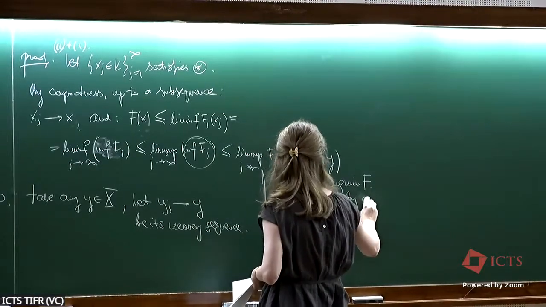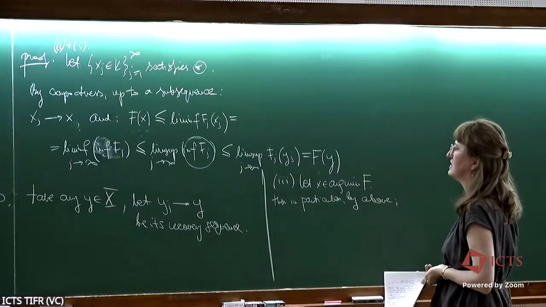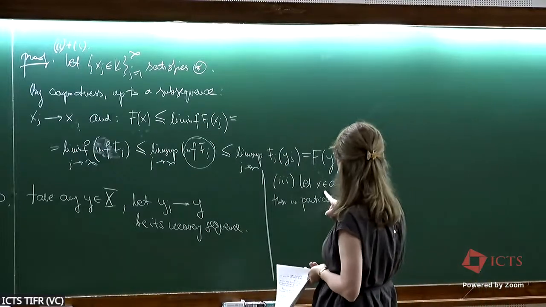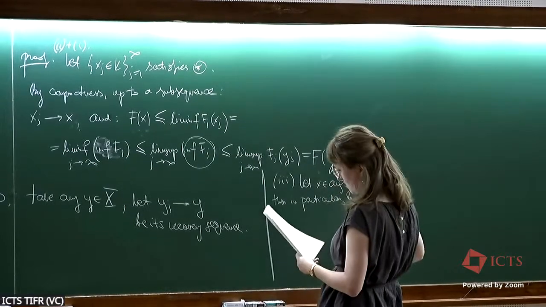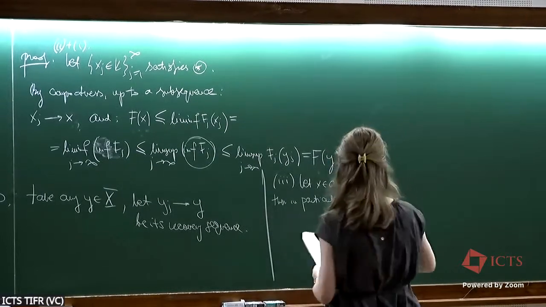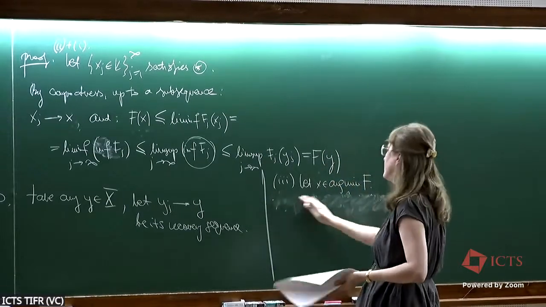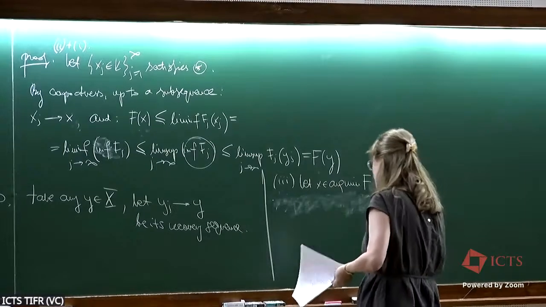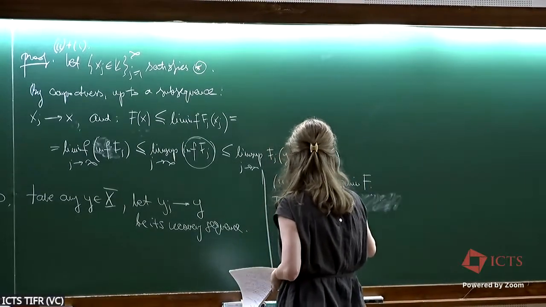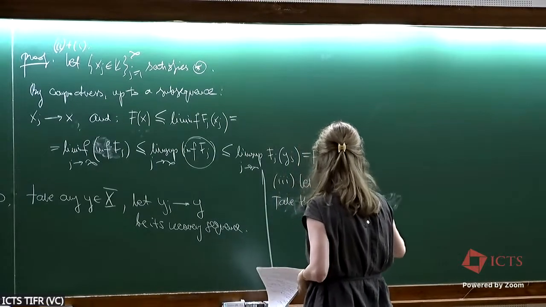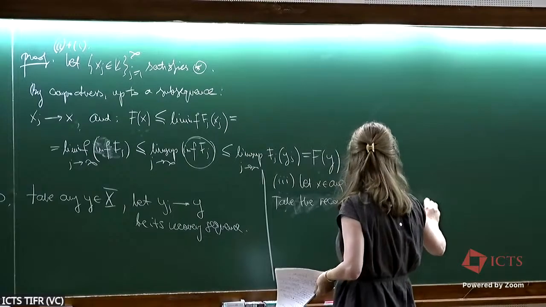Maybe not in this order, this will be the second step. So let me first take the recovery sequence. Let x be an argmin of f and take the recovery sequence for x.